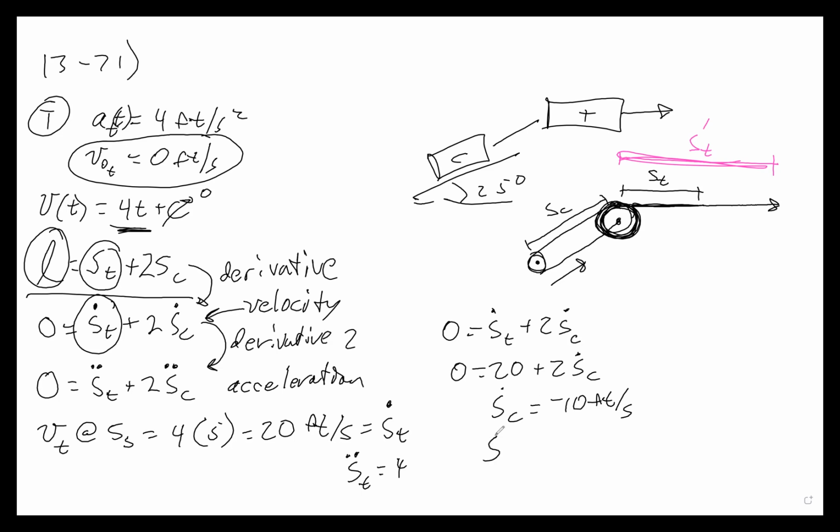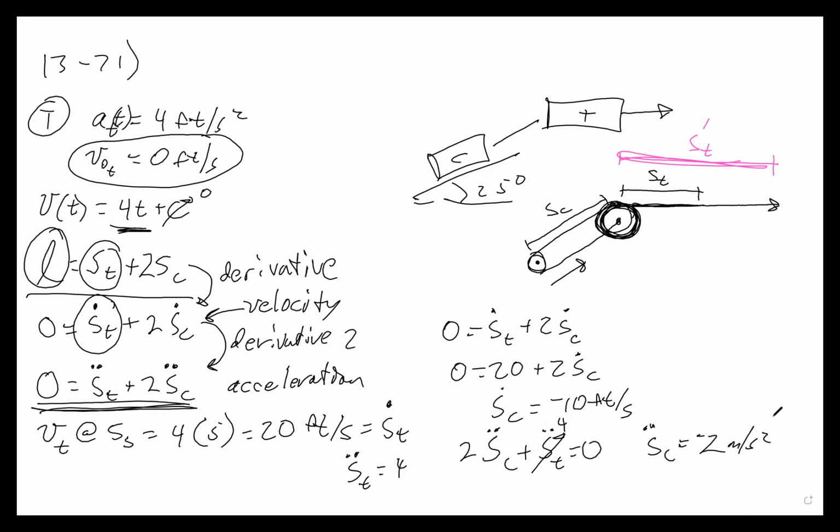And then the acceleration of the car is what we find from the second equation: 0 is equal to S sub t double dot plus 2S sub c double dot, and S sub t double dot is equal to 4. So we can subtract the 4 over, and S sub c double dot is equal to negative 2 meters per second squared.